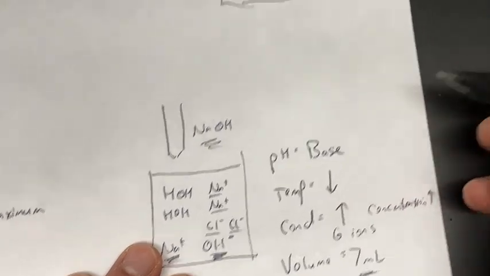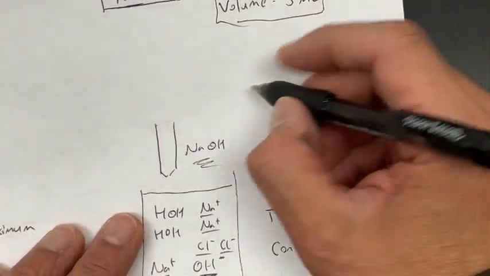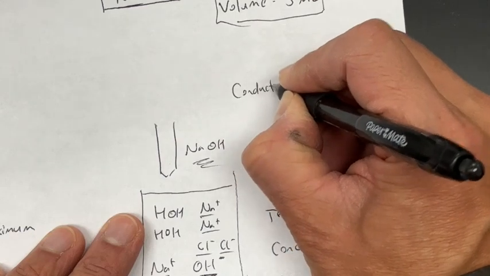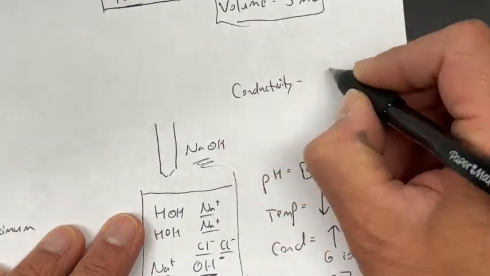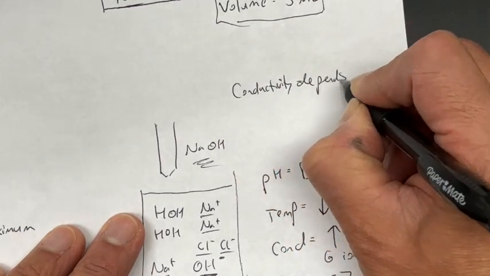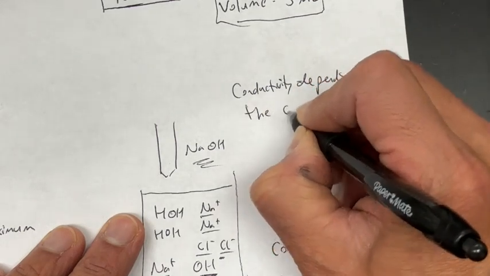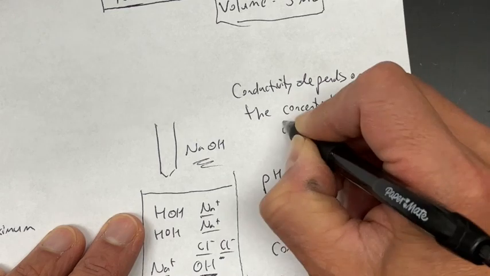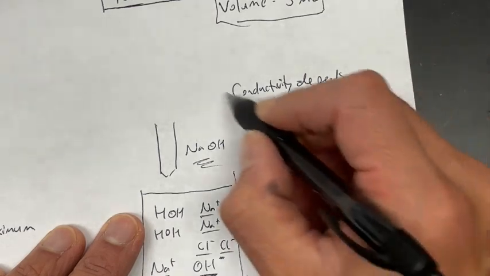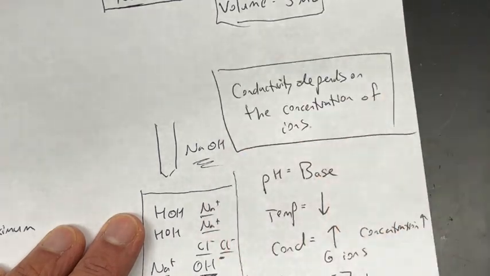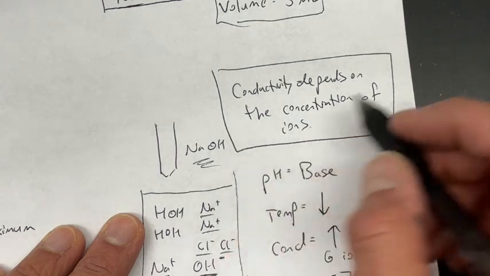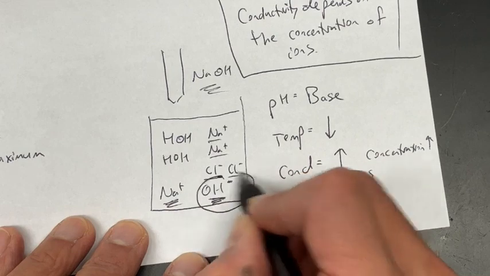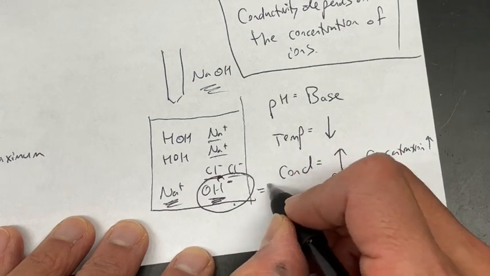And so the big thing to remember here is that conductivity depends on the concentration of ions. Okay, so concentration of ions is the big thing here. pH depends on, if I have OH, it's a base.